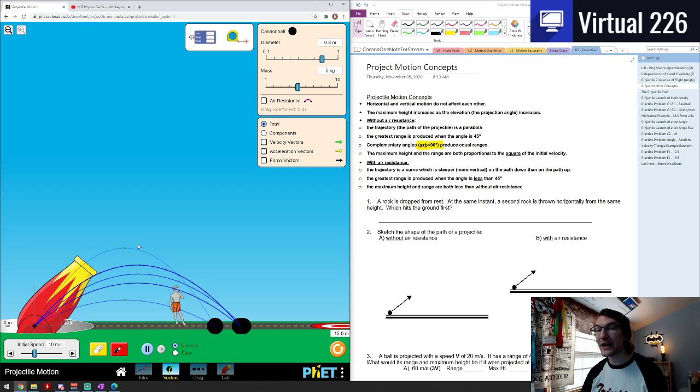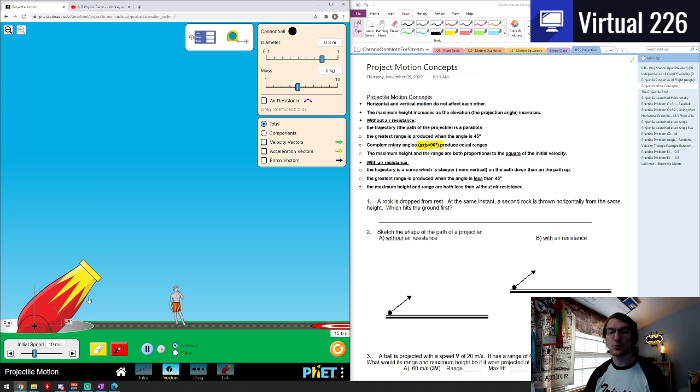If you include air resistance, this changes drastically. With air resistance, 45 won't actually give you the max range, because you're spending too much time in the air. As the object is moving forward, it's slowing down due to the drag pushing back on it.